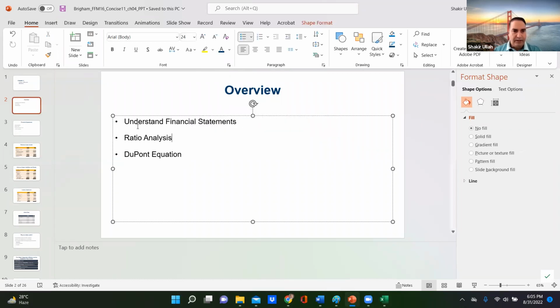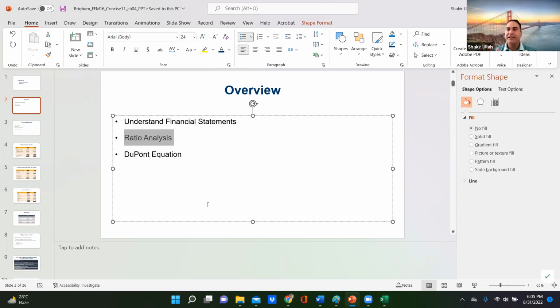class today. Now, once we understand the different elements in those financial statements, specifically the balance sheet and income statement, then we'll go ahead and conduct some ratio analysis. So ratio analysis is basically finding different ratios. And what is a ratio? Actually, dividing one number by another number is a ratio. If you calculate a percentage, like the sales tax rate in the state, whatever that is, 5%, 6%, that is basically the tax amount divided by 100, and that comes out to be 6%, for example.